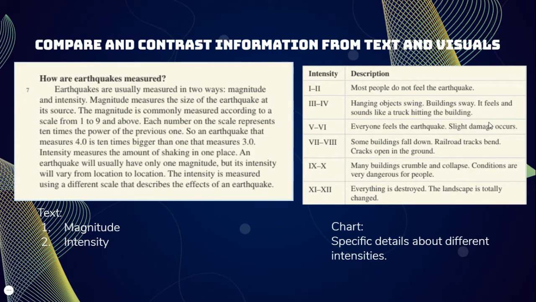The chart focuses only on the intensity of earthquakes. It includes specific details about earthquakes of different intensities. Can you identify one other way the information in the chart is similar to or different from the information in the text?